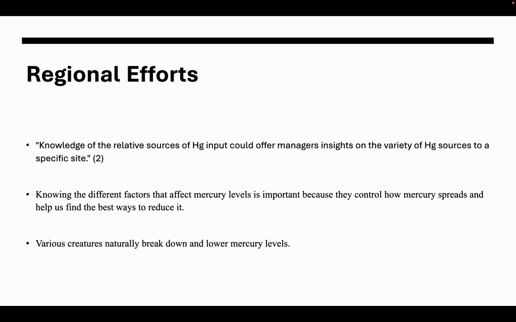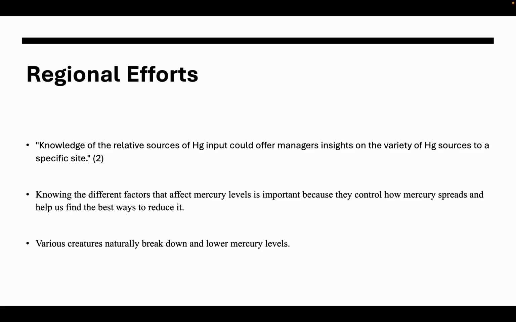Some of the regional efforts found from my sources state that the knowledge of relative sources of mercury input could offer managers insights into the variety of mercury sources at a specific site.